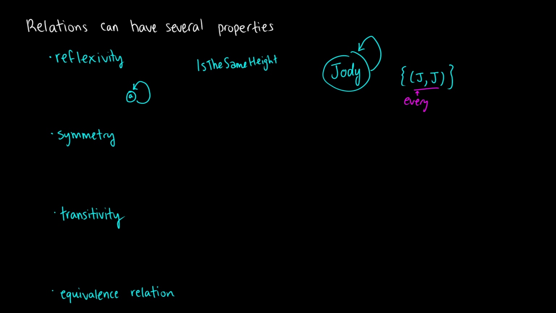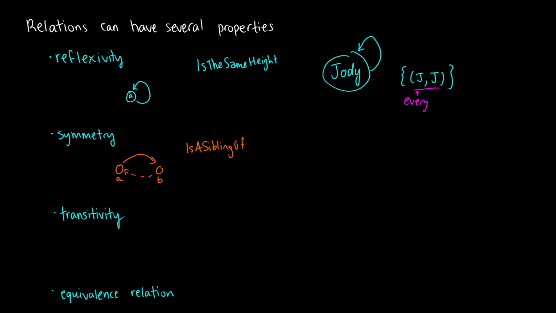If we have something like symmetry, what this means is that if we have two objects A and B, and A is related to B, then we're going to have B related to A again. So the example I like to think of is a sibling. In other words, if I am a sibling of my sister, then my sister is a sibling of me. If Jody is a sibling of Mike, then Mike has to be a sibling of Jody because that's the way the language is structured.